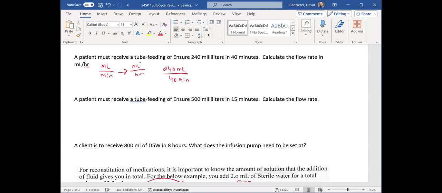Now, if you got 6 as your answer, that's 6 milliliters per minute, but the question says how many milliliters per hour. So before I do anything, I'm going to encourage you to make sure you are converting minutes to hours.